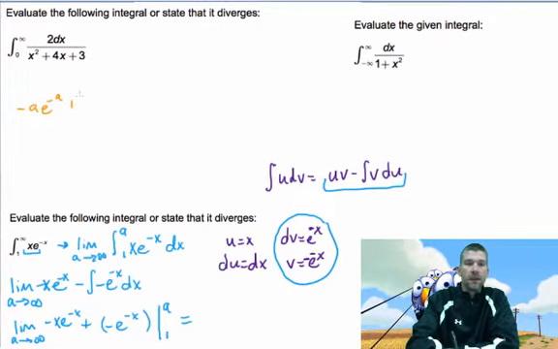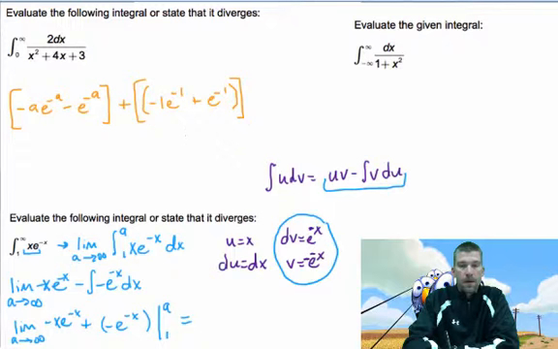There's the first part, negative a e to the negative a minus e to the negative a, and then 1's everywhere else: minus negative 1 e to the negative 1 plus e to the negative 1. So there are our two situations right there.